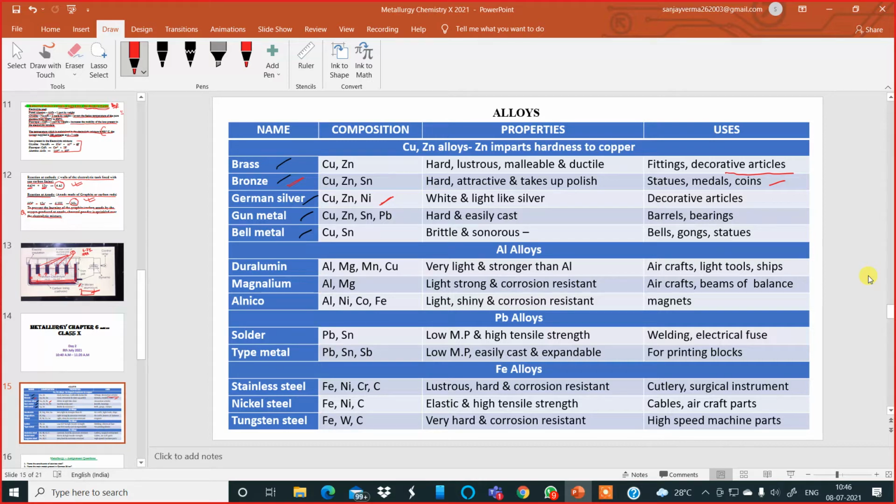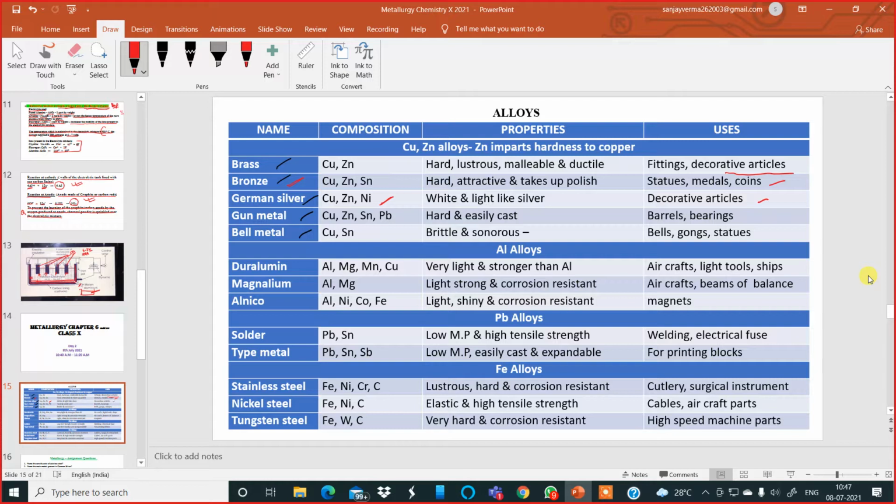This is a chemistry quiz question which will be asked in the examination also: name the alloy of copper which is called German silver. The answer is German silver, not germanium. German silver is again like bronze, used to make decorative articles, handles, maybe statues.